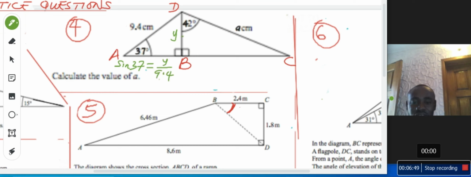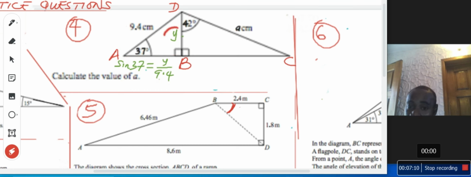So we find 37, right? But how do we find Y, by the way? Assuming we have this, how do we get Y? You cross multiply. It just becomes Y equal to 9.4 times sine 37, is it not? So Y cross multiply will give us Y equal to 9.4 times sine 37.